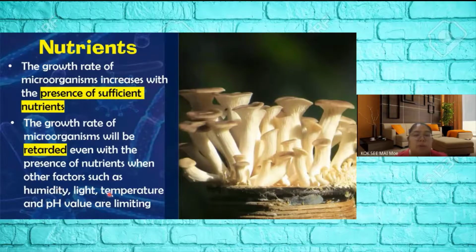Your body has humidity, inside is a damp condition because you drink water. After that, light: your body inside is surely dark. Then temperature, your body temperature is suitable. After that, pH value, that's neutral.